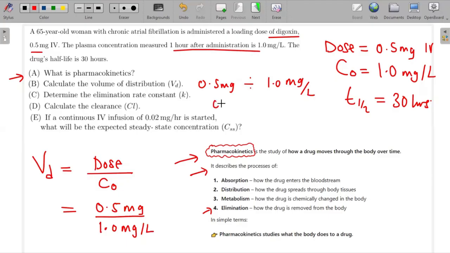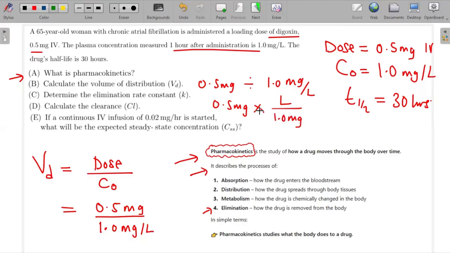Now I change this division to times, so whatever is down here, the liter, will go up, and whatever is up there will come down. So I'll have liter over 1.0 milligrams.